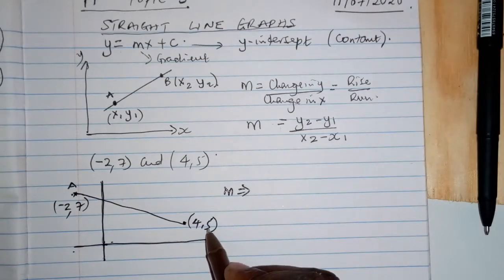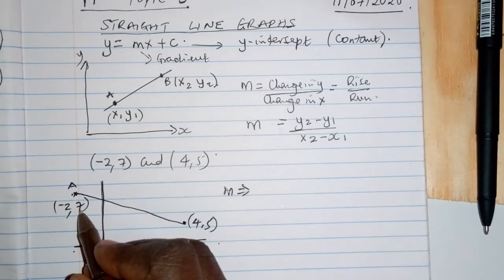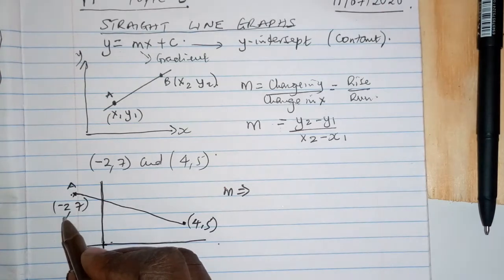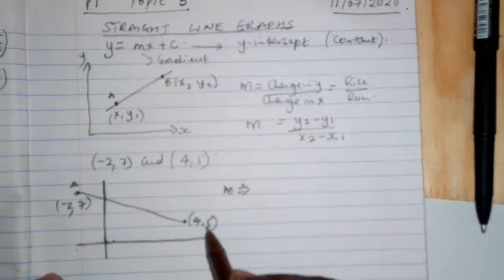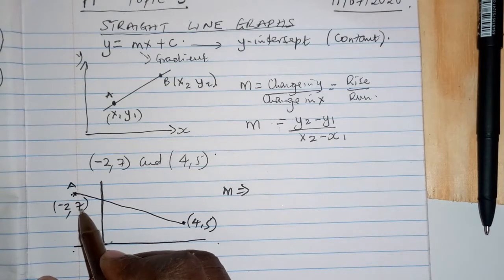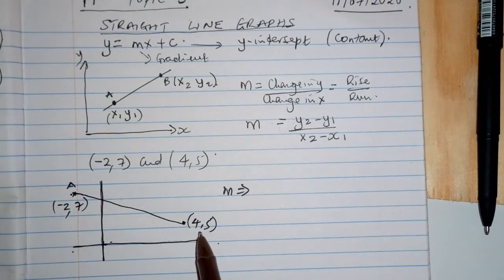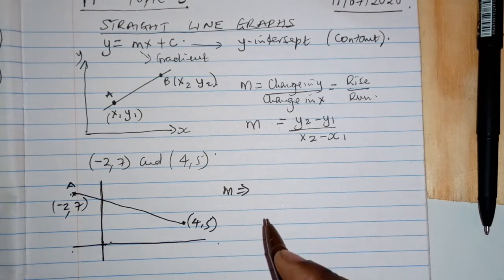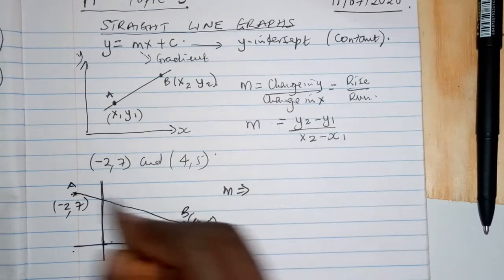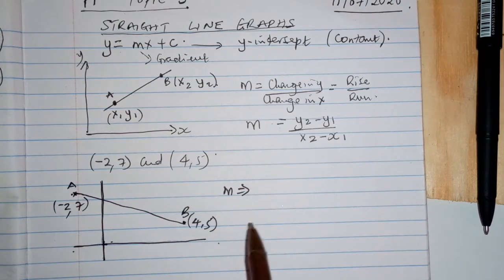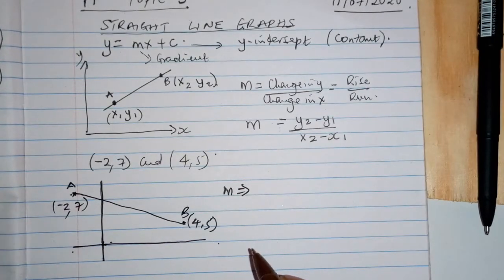If you're talking about 5 minus 7, it should be over 4 minus negative 2, but never 5 minus 7 over minus 2 minus 4. It is not going to agree as far as direction is concerned. Whether it is point B minus point A, or point A minus point B, that should be it. So I choose point B minus point A.